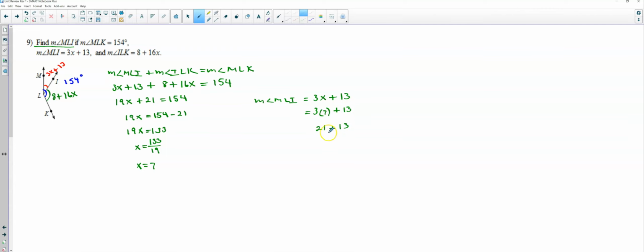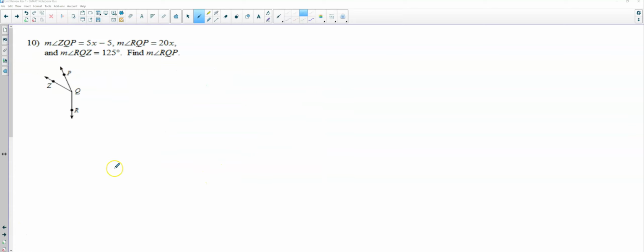So that means this is 34 degrees. So the measurement of angle MLI is 34 degrees, and I underline my answer. There you go.